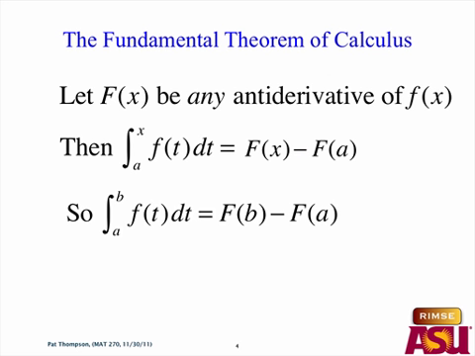Remember the graphs, right? Rate function over here, accumulation function over here. What is this finding? It's finding the net accumulation from a to b. Either the process of adding things up bit by bit, or using the accumulation function, the final accumulation minus the initial accumulation. Remember all that?